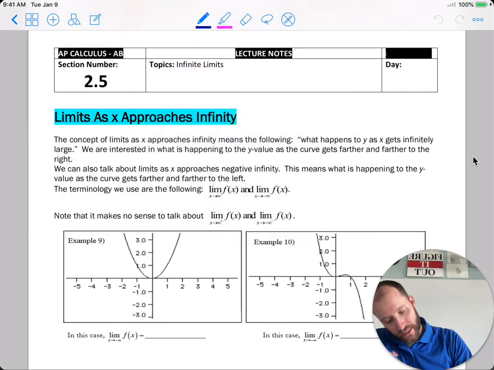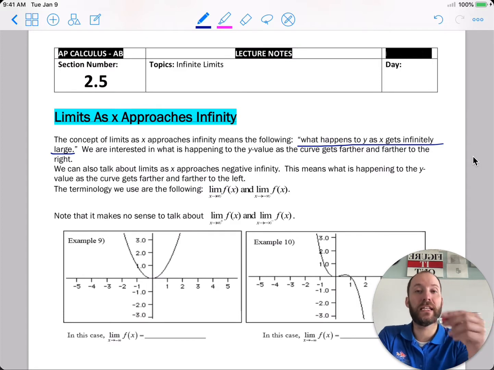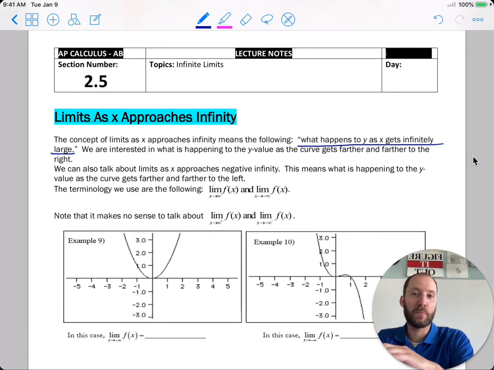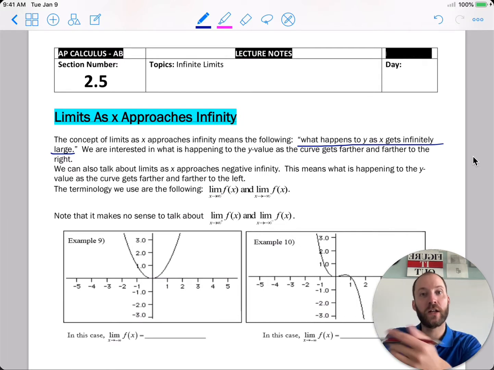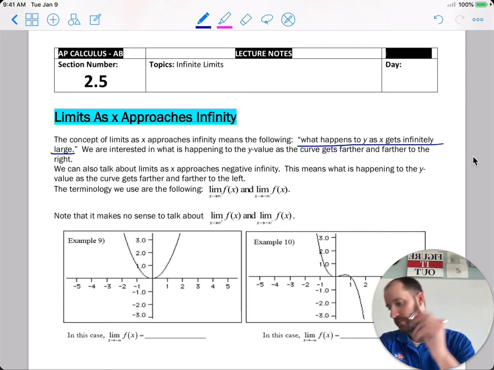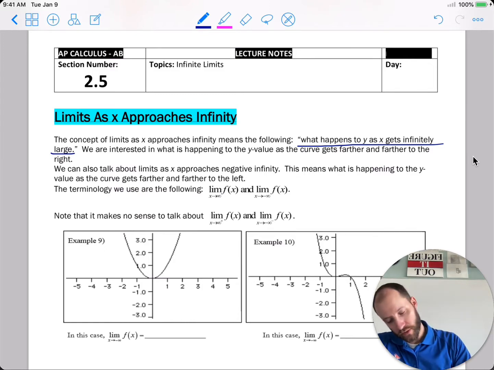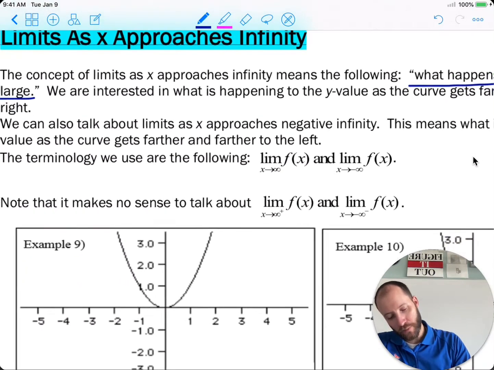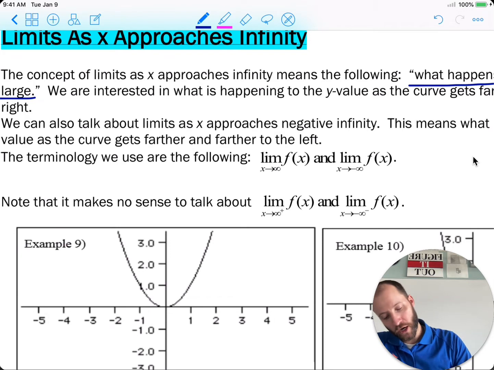So we're looking at what happens to y as x gets infinitely large. So infinitely positively large or infinitely negatively large. Either one. Now note, it makes no sense to talk about approaching infinity from the right or the left.